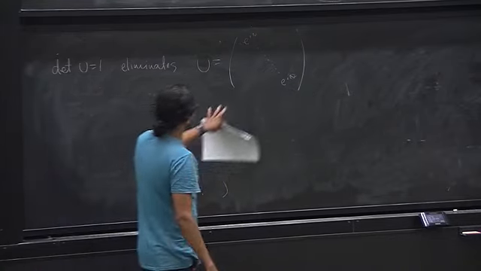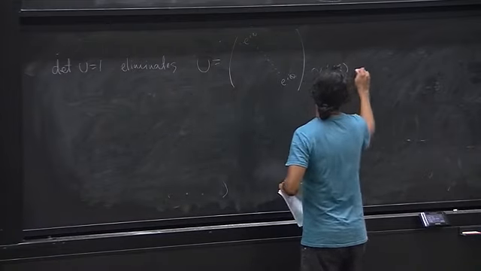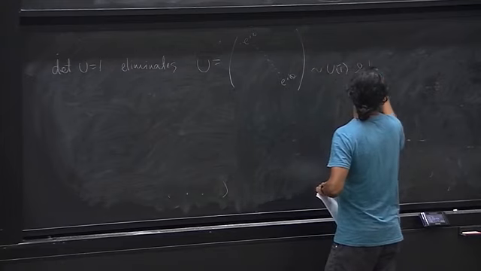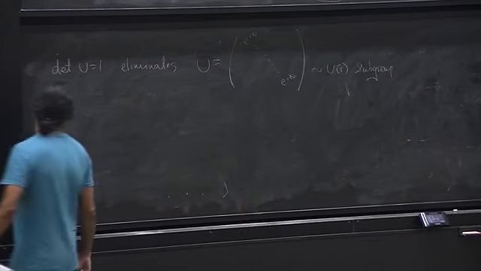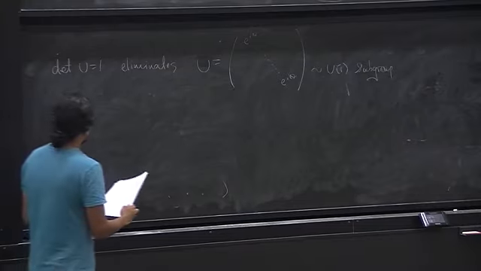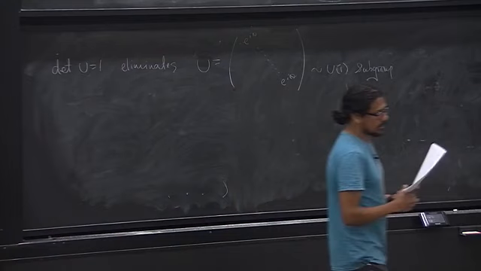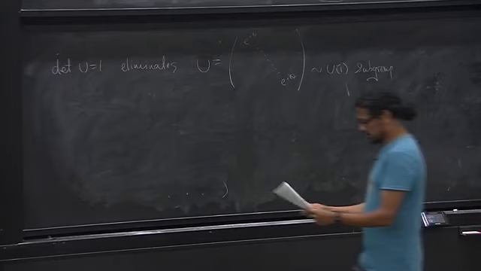These form a U1 subgroup, because they're diagonal and they commute with all the others. It does not eliminate discrete ones. So this is an example of an abelian, normal subgroup, right? We can still have discrete groups.